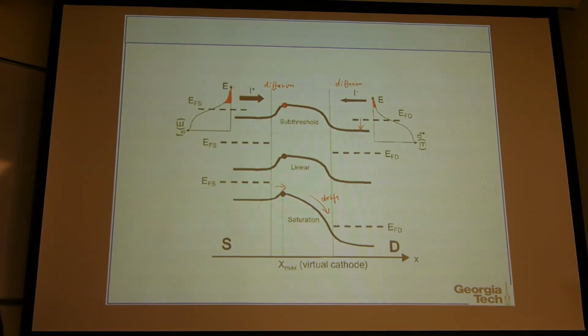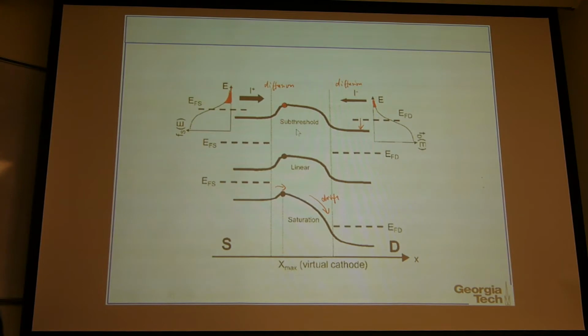This is due to the Fermi function. When you change the barrier top because of the gate voltage, the gate voltage is going to push down this barrier top. So the barrier height changes due to the gate voltage, and the number of electrons that can get over the barrier also changes exponentially with the gate voltage. That's why the current exponentially depends on the gate voltage.